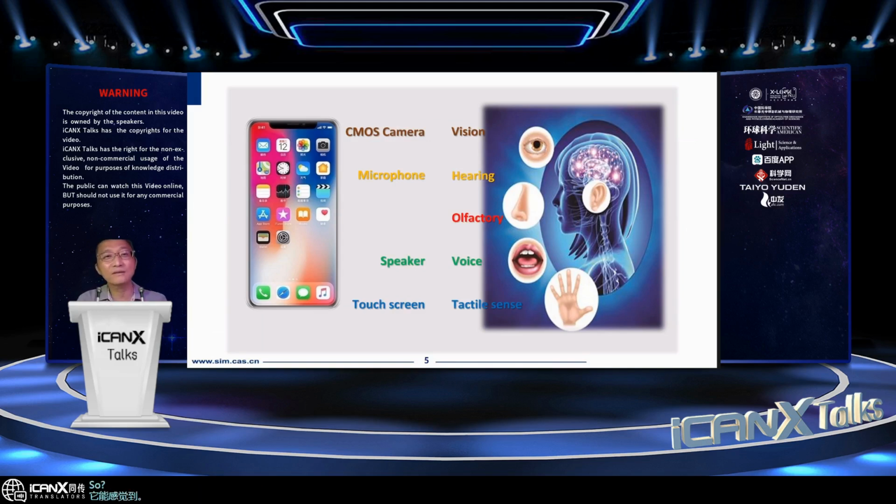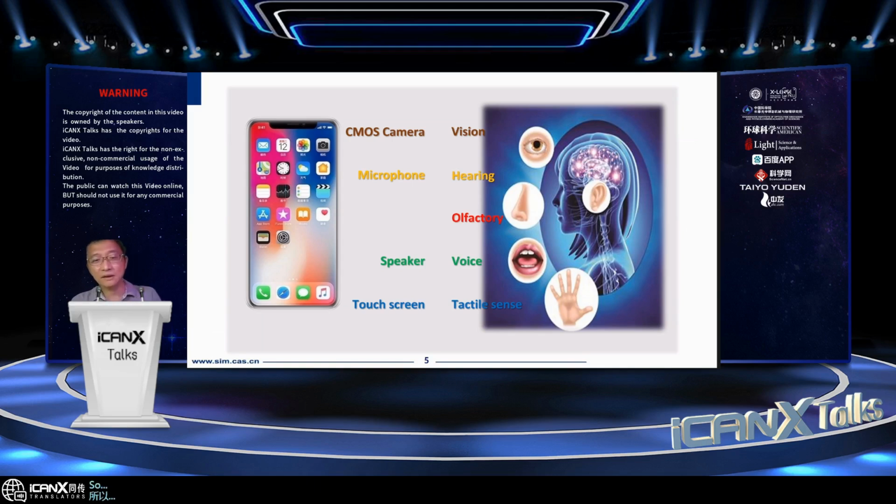So it's just like a very close friend to us, and all this benefits from the sensors. It has a camera, a microphone, a speaker and a touch screen.